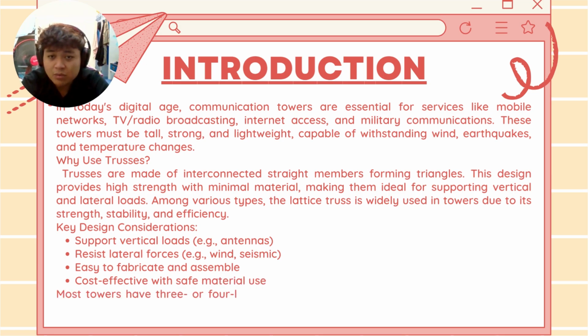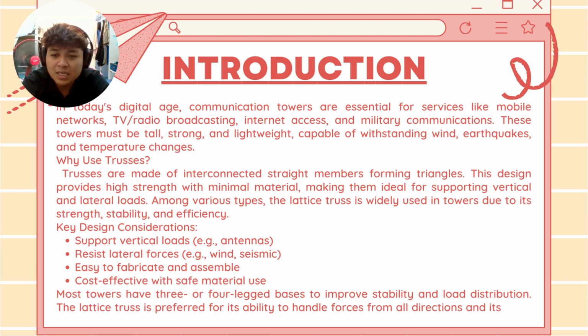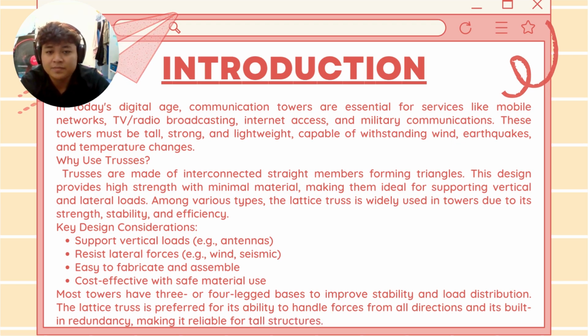Most towers have a 3 or 4 leg base to improve stability and load distribution. The lattice truss is preferred for its ability to handle forces from all directions and is built with redundancy, making it suitable for tall structures.